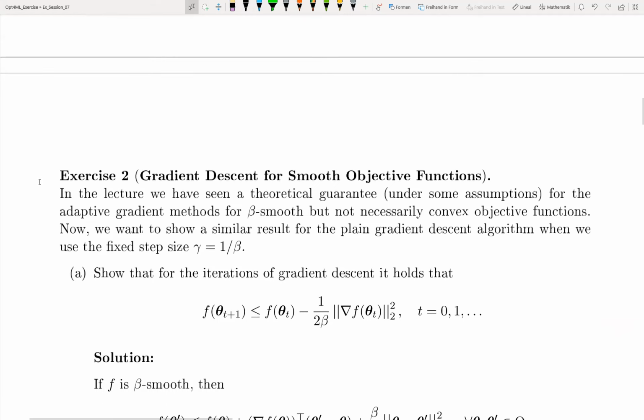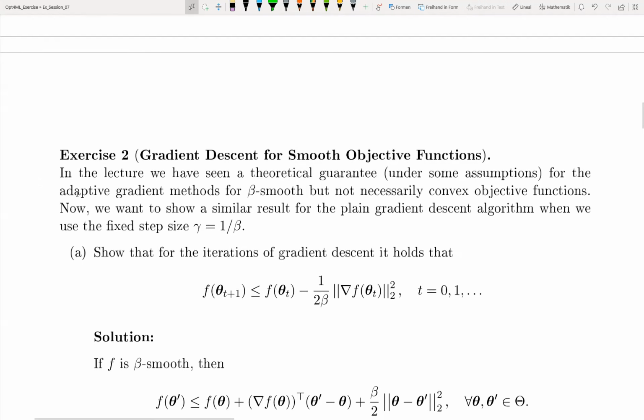And in the lecture, I said that you can also show quite easily something similar for the gradient descent, although this result already implied also the case for the gradient descent. But for the gradient descent, you have a more easier to interpret result where you don't have to worry about other things. And this is what we want to do now.